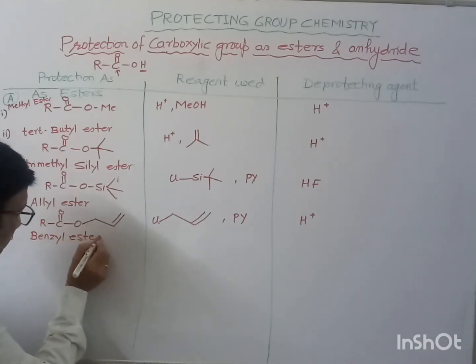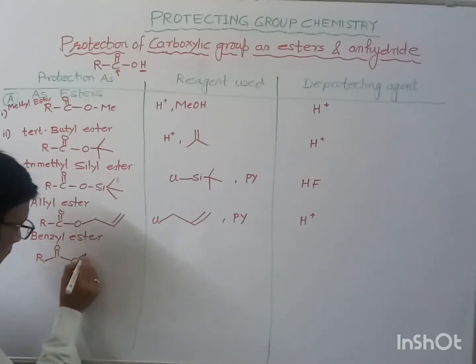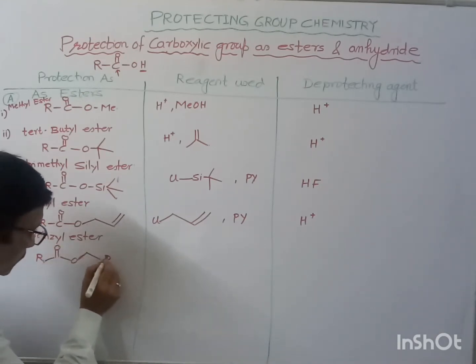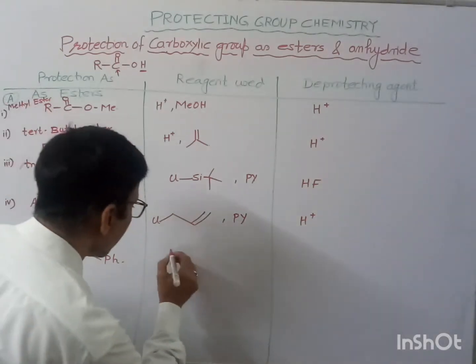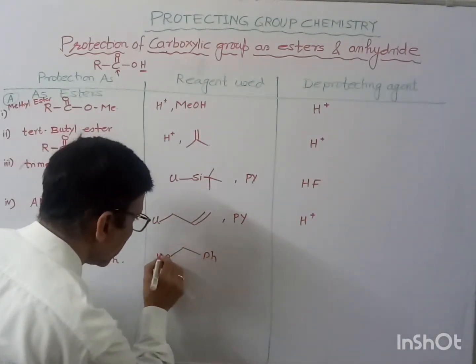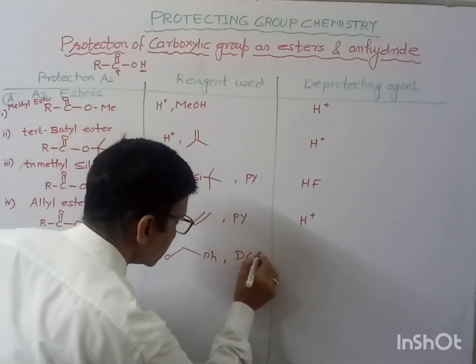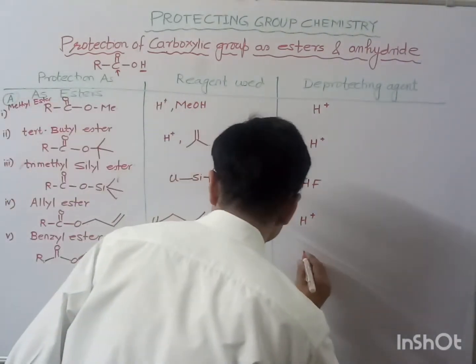Benzyl ester. So this is the benzyl group. I have added the benzyl group over here. The benzyl group may be added by using benzyl alcohol in presence of DCC. And for its deprotection, acid can be used.